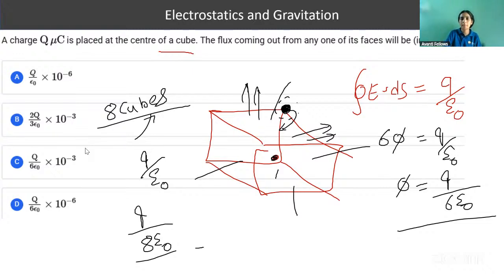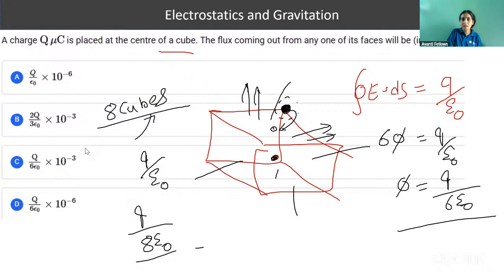Like here, it is at the corner, so this charge is definitely not inside the surface. We cannot use Gauss law. So we can put seven more cubes in its surrounding such that the charge is now inside the surface, and that too appearing at the center of all those eight cubes. So in that case you can apply and calculate.